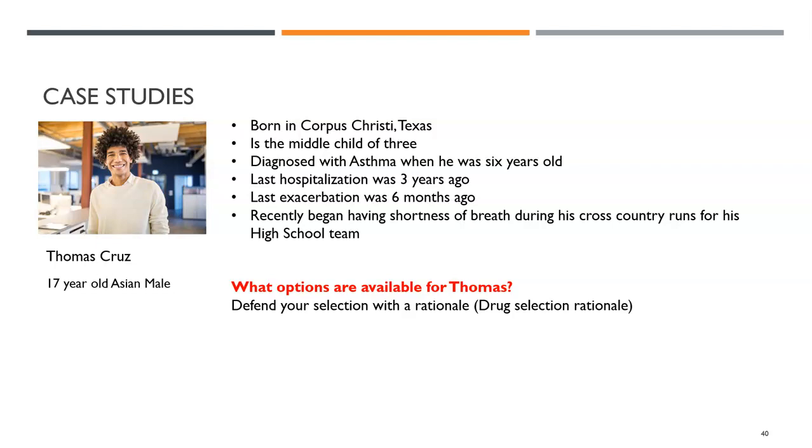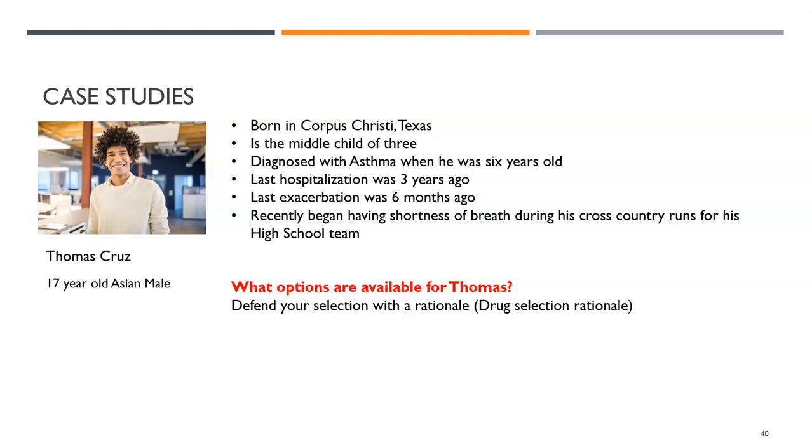But he recently began having some shortness of breath during his cross-country runs for his high school team. So what kind of options are available for Thomas? Now, defend your selection with a rationale. So as you prepare for your exam, I want you to think, what could you do for this young man and why would you do it? And that will help you with your drug selection rationale.